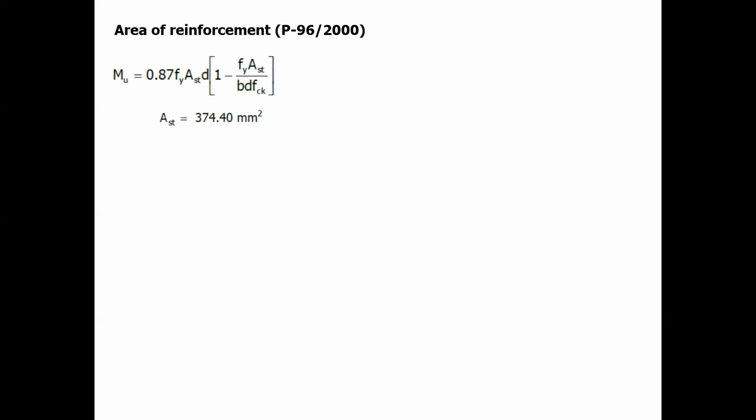Next step is to calculate Ast minimum and compare. What is the formula for Ast minimum for a slab? 0.12% of bd, sir. When do you use 0.15%?